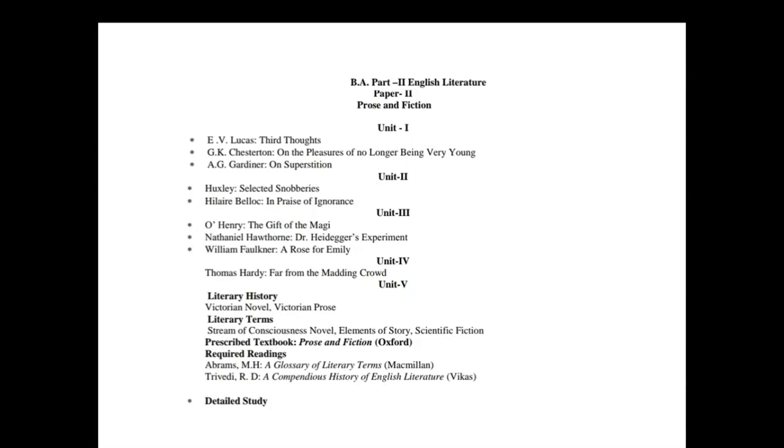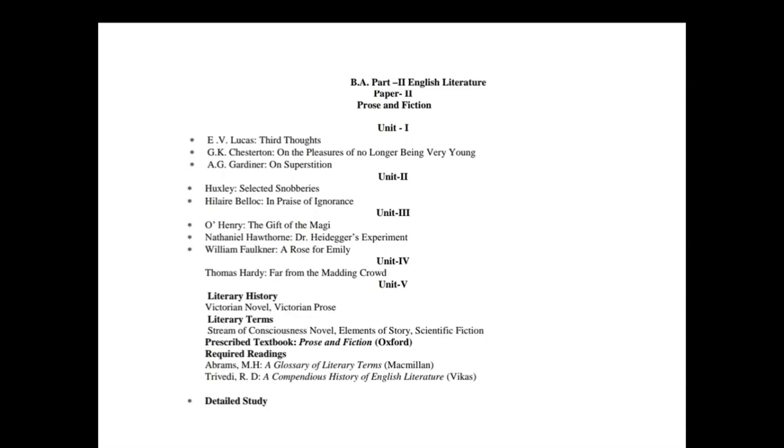William Faulkner was an American writer and Nobel Prize laureate from Oxford, and he was known for his novels and short stories, and his story A Rose for Emily is prescribed in the syllabus.